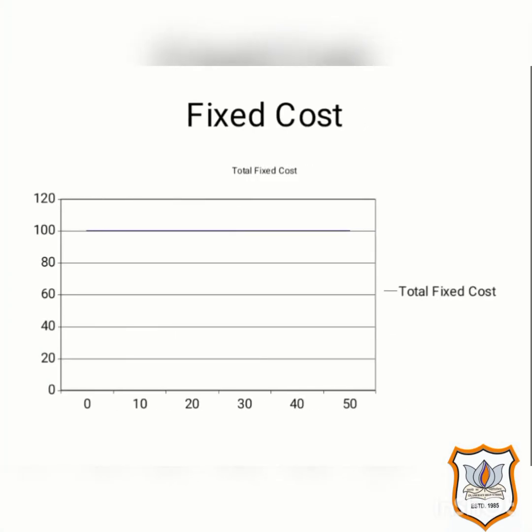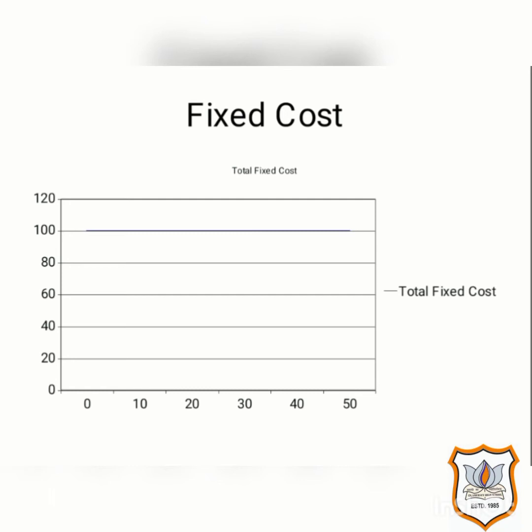Now on the basis of this schedule, a diagram has been prepared over here. As seen in the diagram, on the x-axis units of output has been shown, and on the y-axis fixed cost has been shown.